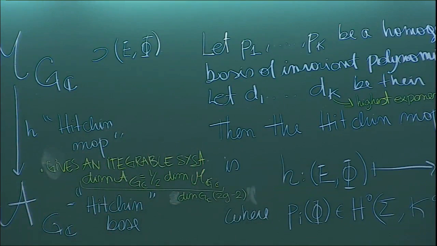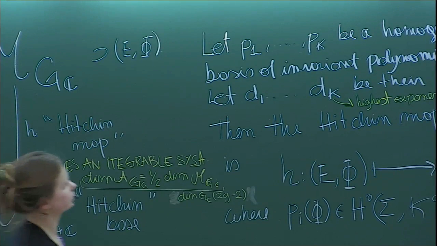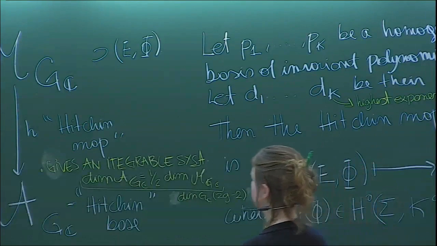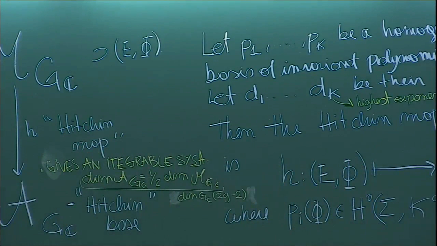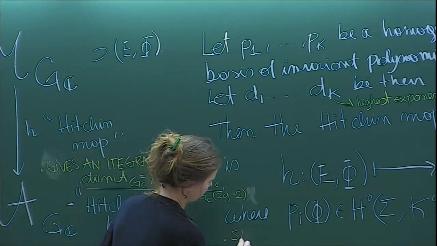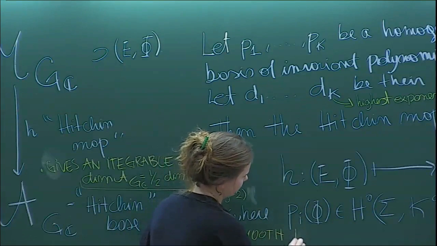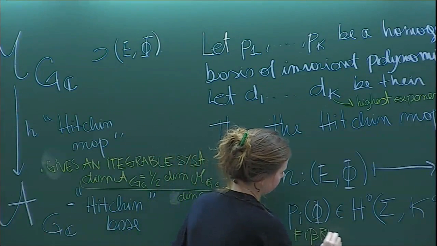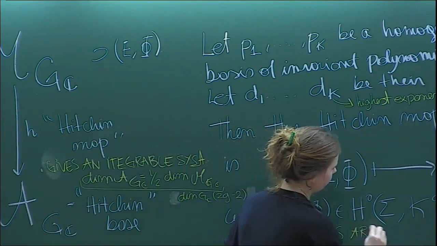Okay, so I want to understand one of the important facts: it's not just that it's an integrable system, but the smooth fibers are compact abelian varieties. This is for any of the groups. The smooth fibers of the Hitchin fibration are compact.